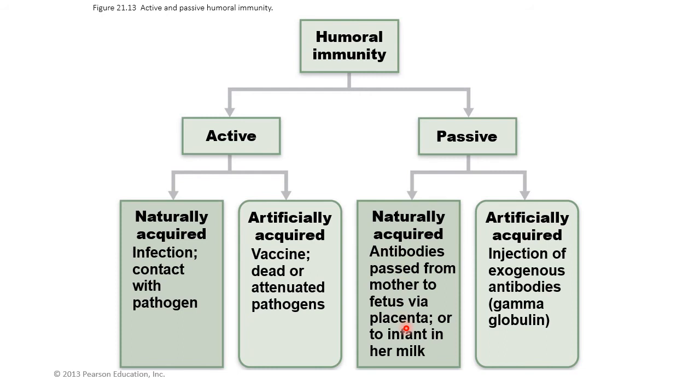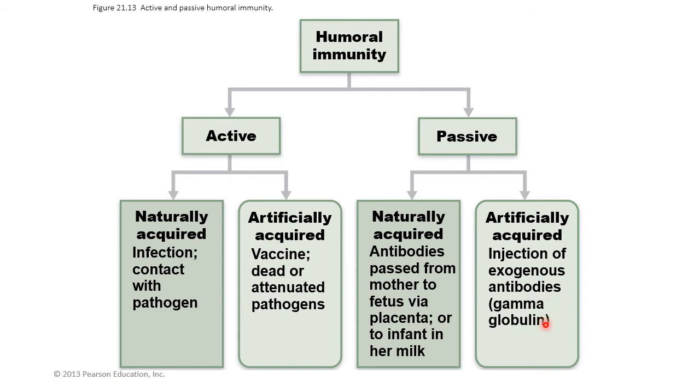They go into the baby through milk or through the placenta, but the baby's not making those or stimulating its own immune cells. Babies don't have full immunity until about 2 years of age anyway. Once the baby stops breastfeeding, the antibodies degrade after about 2 to 3 weeks.